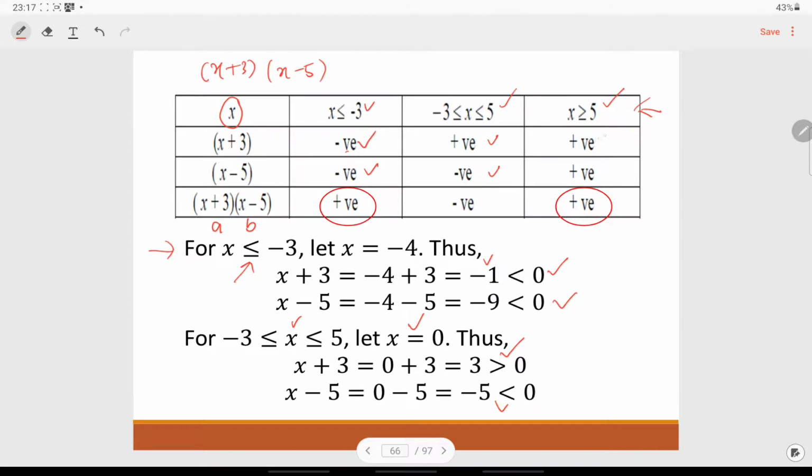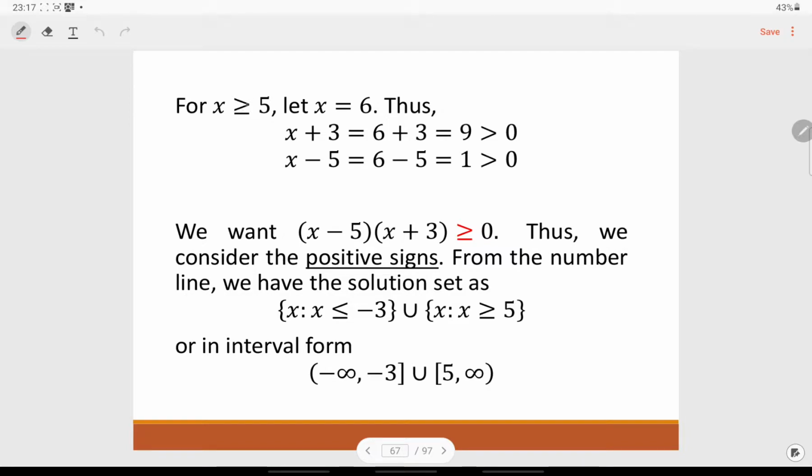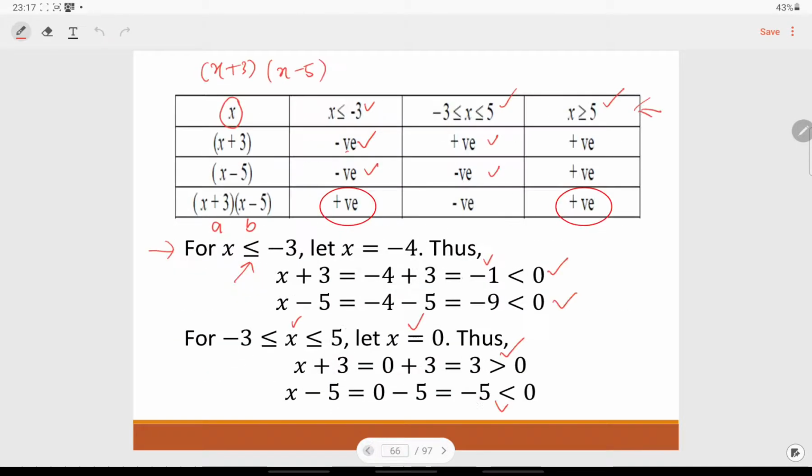Now the remaining value is for the third case. For the third case, x is greater than or equal to 5. So we take one value that satisfies this inequality. Let's say x equal to 6, because 6 is greater than 5. So we replace the value of x in this expression. We come out with positive values, 9 and 1. So in the table we write positive and positive.